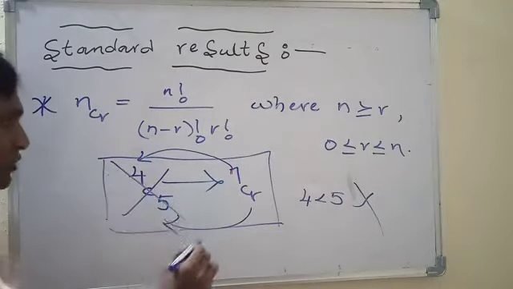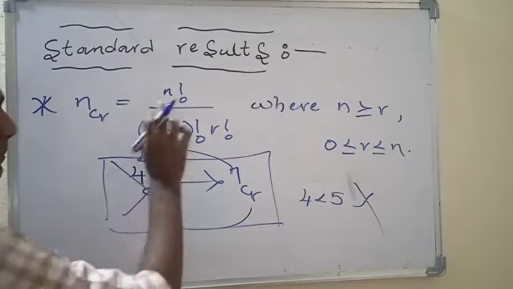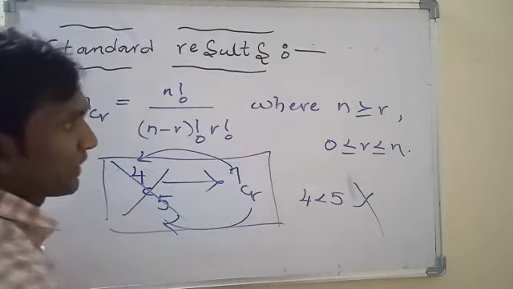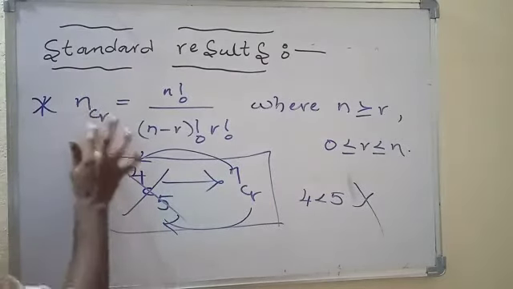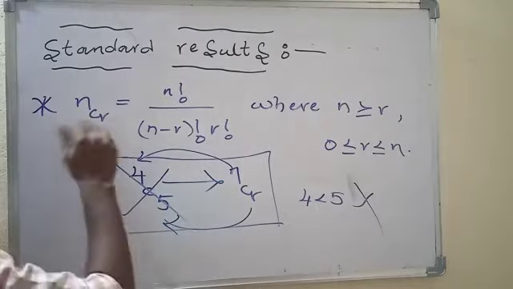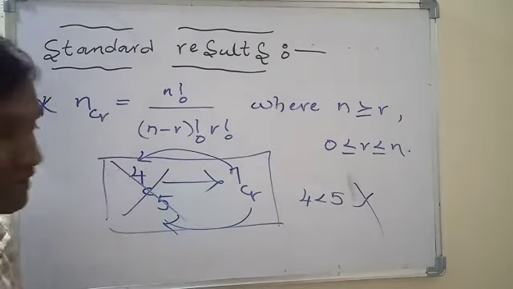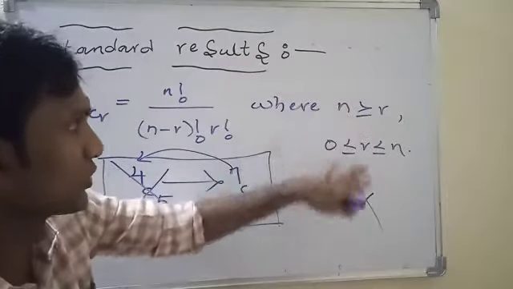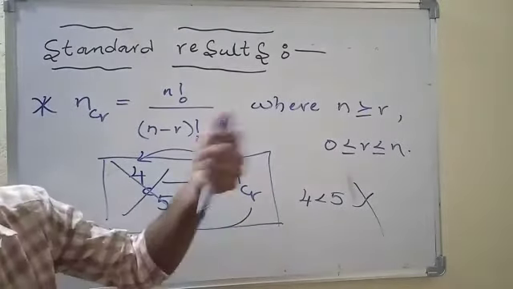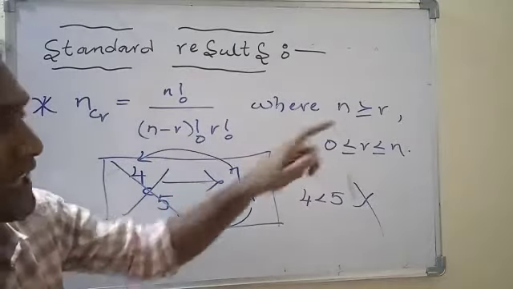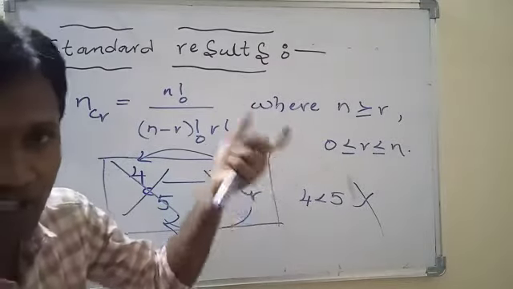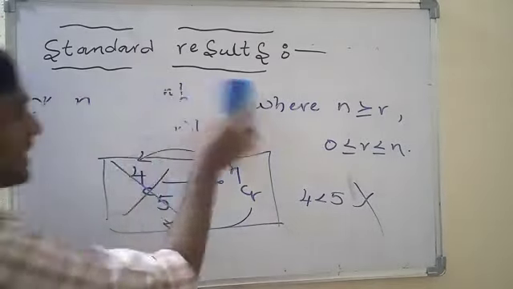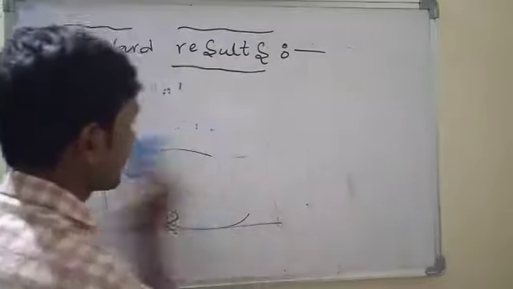That means in this chapter binomial theorem, if the binomial coefficient is in the form of nCr, for finding its value, these two conditions must be satisfied. In that case apply this formula to get the value of nCr. Otherwise there is no chance to apply this formula. So this is the first standard result.